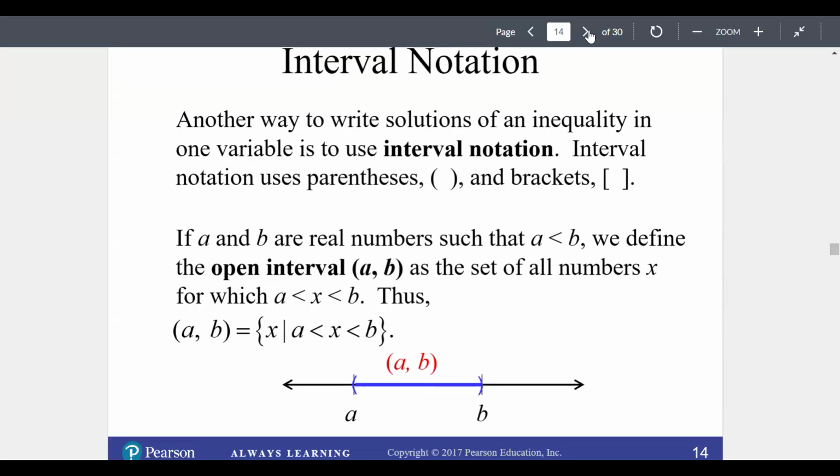Okay. So we have your open interval. You have your open interval like this. If we have an inequality that looks like this, then this is how we write the interval.